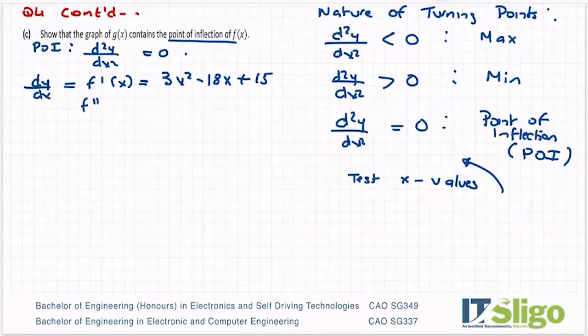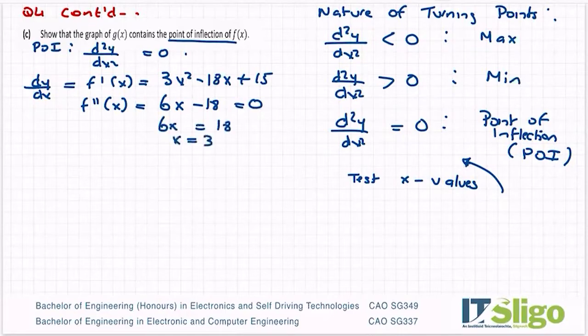So f double dash of x, which is d2y dx squared, it's the same thing. Differentiate it again: 6x minus 18, and I'm going to let that equal to 0 to find the point of inflection, and let's solve for x.